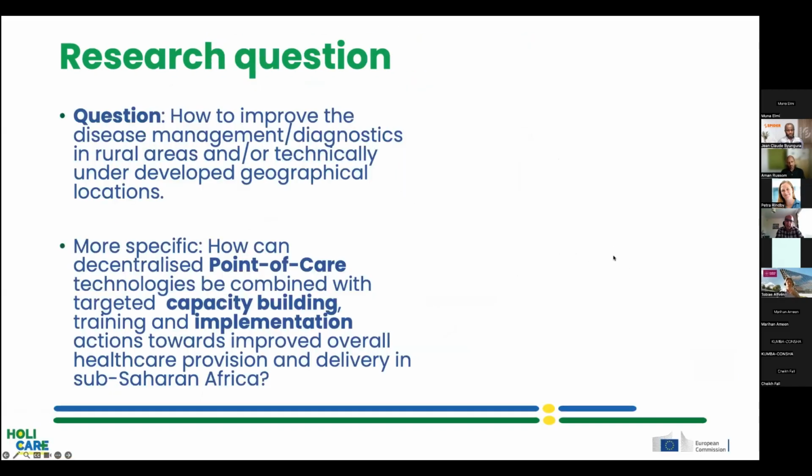So the overall picture is, how can you improve disease management and diagnostics in rural areas or technologically underdeveloped geographical locations? More specifically, HoliCare is about the development and decentralization of point-of-care technologies, where we combine this with capacity building, training, and implementation towards improving the overall delivery of healthcare in sub-Saharan Africa.